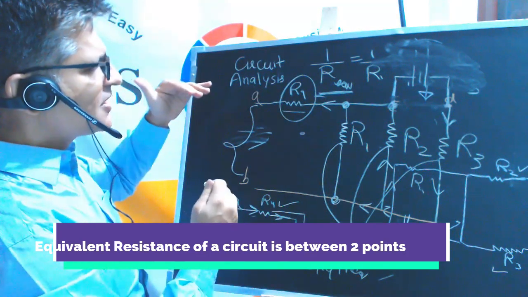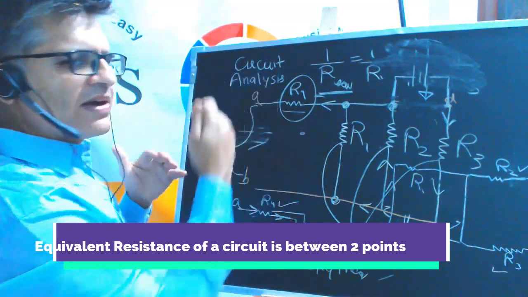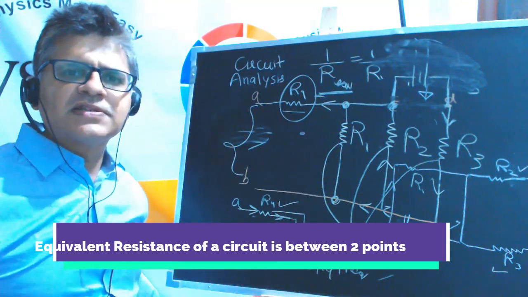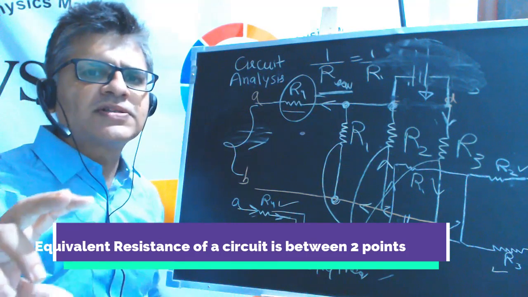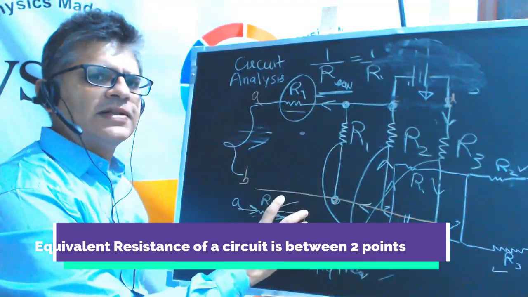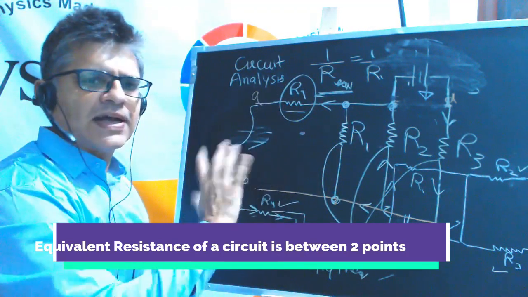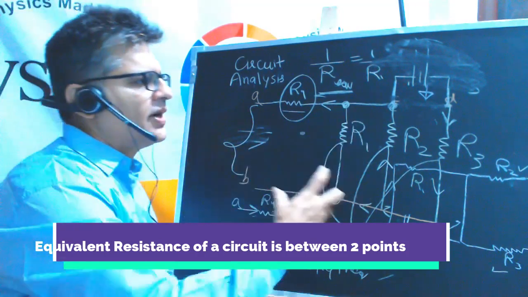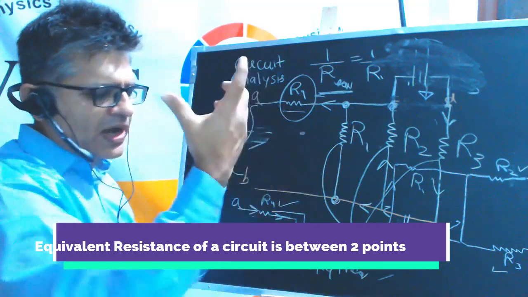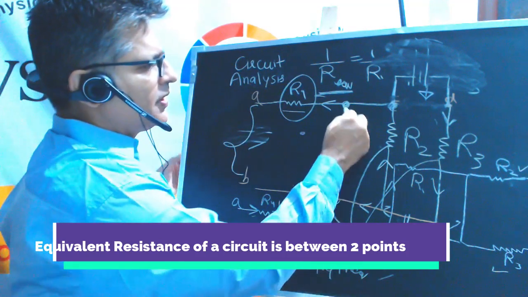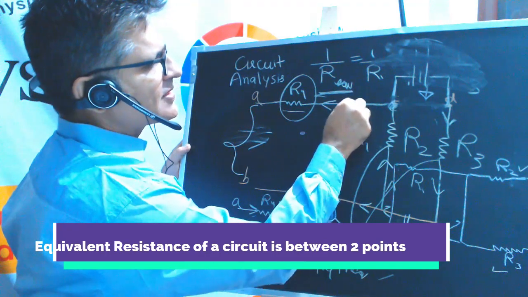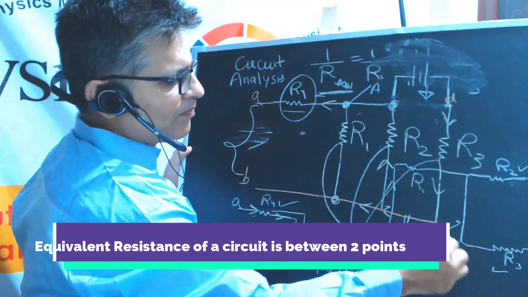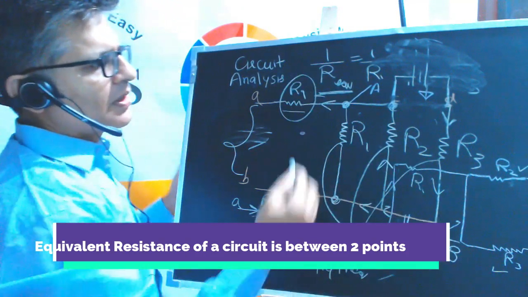If you change the points across which resistance is to be calculated, your equivalent resistance is likely to change. You will have to redraw the circuit, ensure that the resistors which are open circuit are not included. Those which are short circuited, you know what to do. But the sense is, if you pick up, for example, these 2 points and you say, what is the resistance between the point A and the point B, right? This is your question.